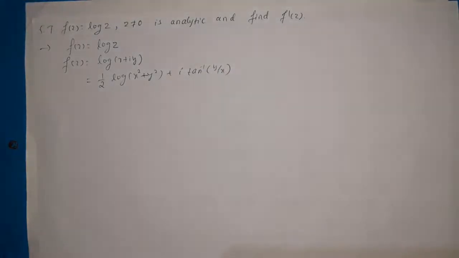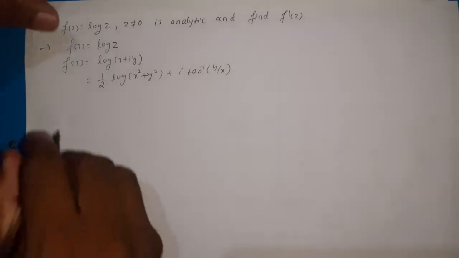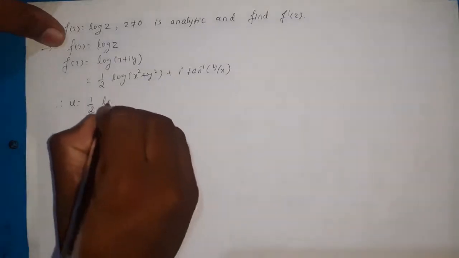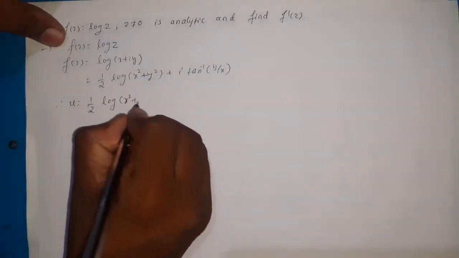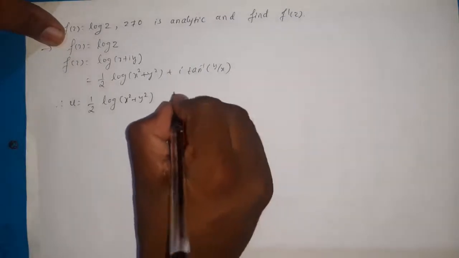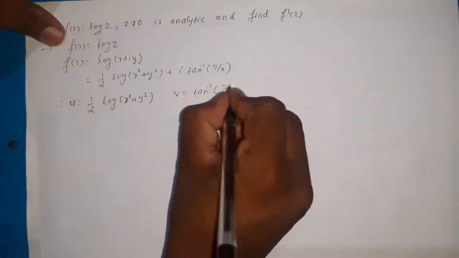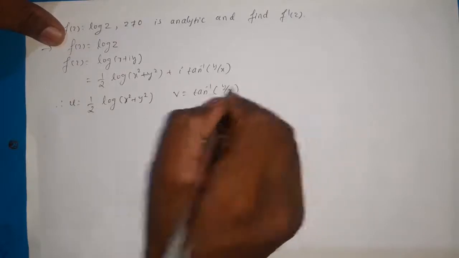It is the formula for the logarithm of a complex number, where x is the real part and y is the imaginary part of that complex number x + iy. Therefore, u = 1/2 log(x² + y²), and v = tan⁻¹(y/x).